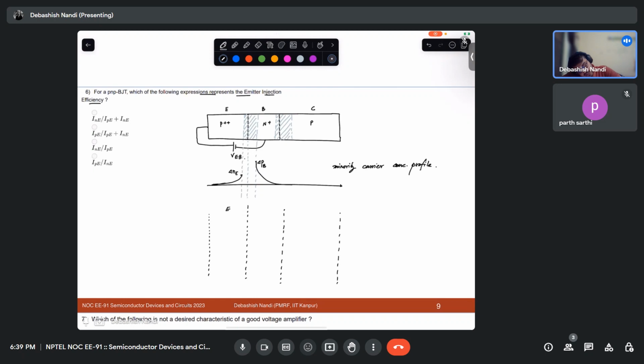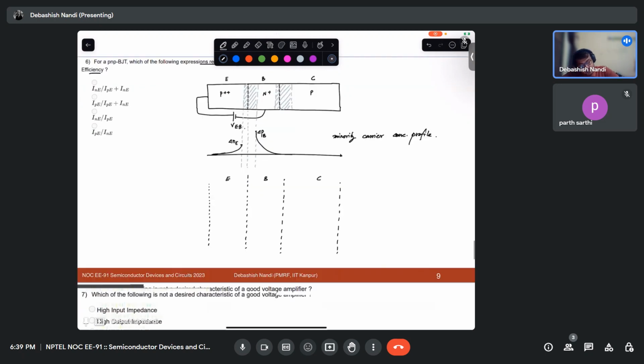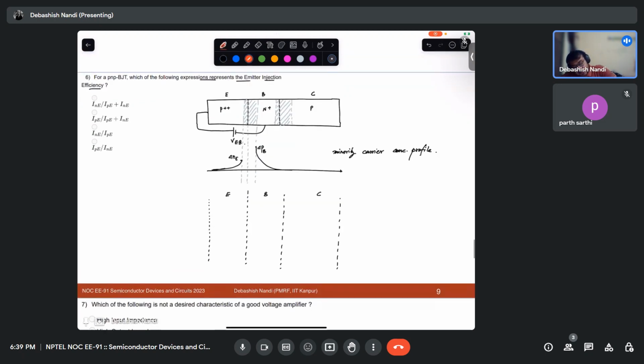Now if I draw the current flow diagram, remember that current flow diagram? So this is your emitter, this is your base, this is your collector. This is positive, this is negative base. So what happens? Holes will get injected here, and electrons will get injected in the base. These holes will then move on.